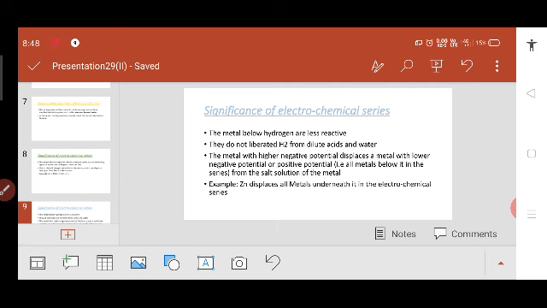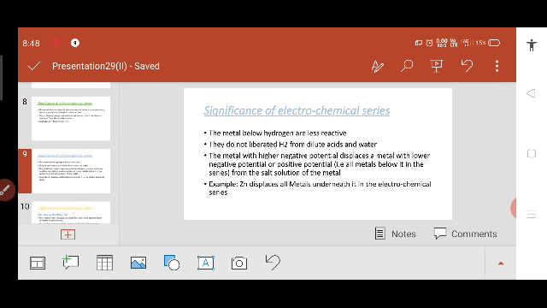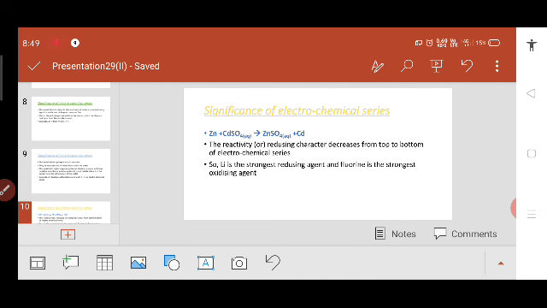The metal with the higher negative potential displaces a metal with lower negative potential or positive potential, that is, all metals below it in the series, from the salt solution of the metal. Example: zinc displaces all the metals underneath it in the electrochemical series.